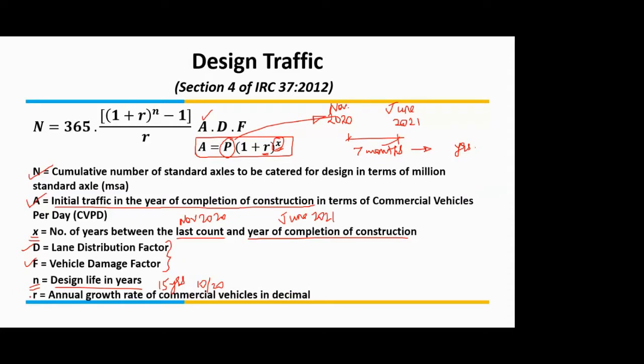The last one is R, that is the growth factor. Coming back to our discussion, in the field, for each of these terms, A, X, D, F, N, and R, you have some kind of survey that you have to do.